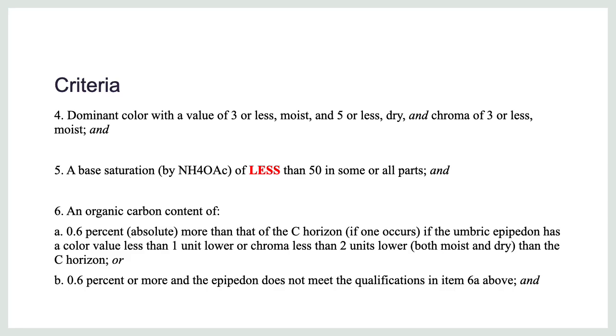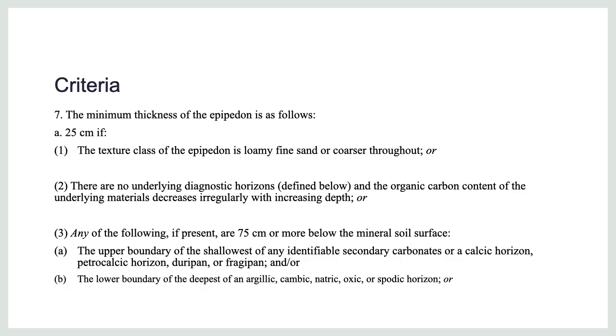and if the color of the umbric horizon is similar to the C horizon, or 0.6% more, and the umbric pattern does not meet the qualifications of item 6A above, and the minimum thickness.